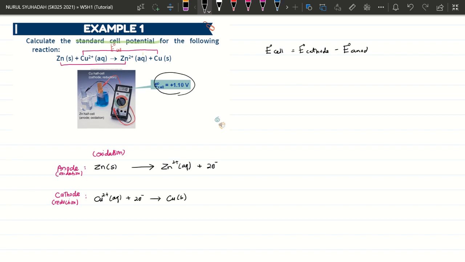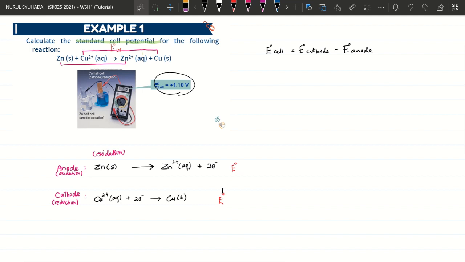So you need to find the value of the E0 cell, and the E0 half cell for the cathode and the E0 half cell for the anode.